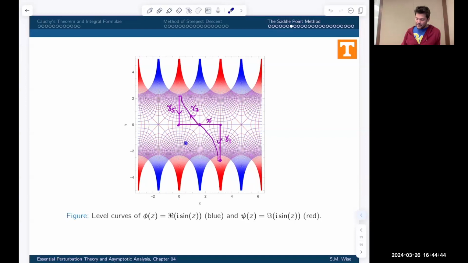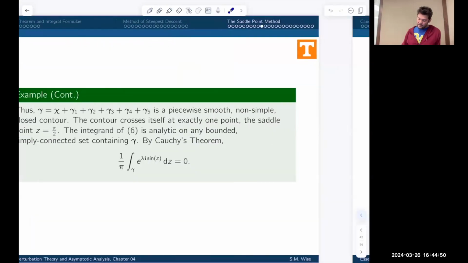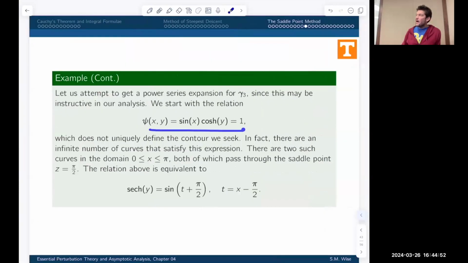So when I compute this guy, using the expression that I want to use, I get a non-unique curve because through the saddle point, this curve is coming up and going like that, but it also has another branch which goes like that.